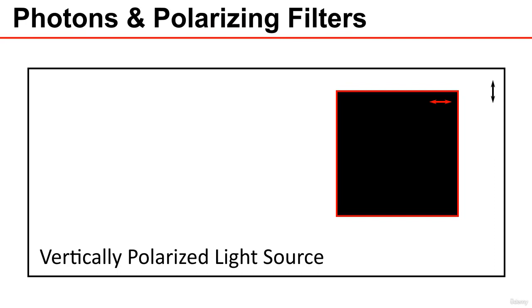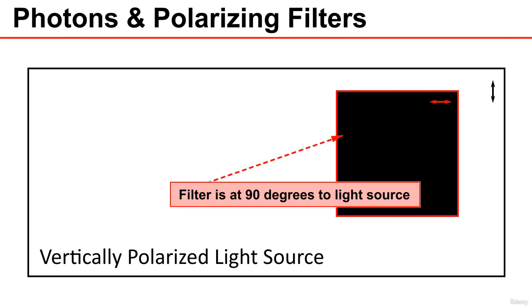The main rule is this. When a polarizing filter is aligned in the same direction as a photon, the photon always passes through. Earlier, both the photons and the filter were vertical, so the photons pass through. Instead, as shown here, if the polarizing filter is at 90 degrees angle to the photon's polarization, then the photon is always blocked by the filter.